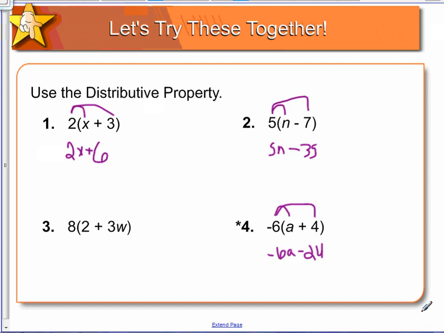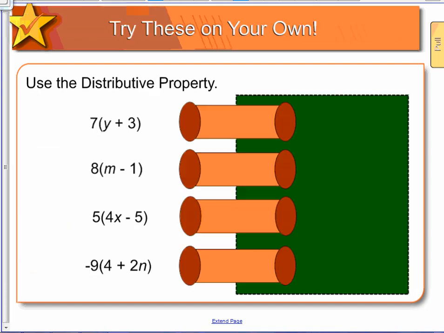Okay? All right. So just for some additional practice, we can solve these different problems. So think about how you would solve each one of these, and I'm just going to slide them through the tunnel. All right, so we have 7 times y plus 3. So 7 times y plus 3 is 7y plus 21. Next one we have 8 times quantity m minus 1, which would be 8m minus 8.